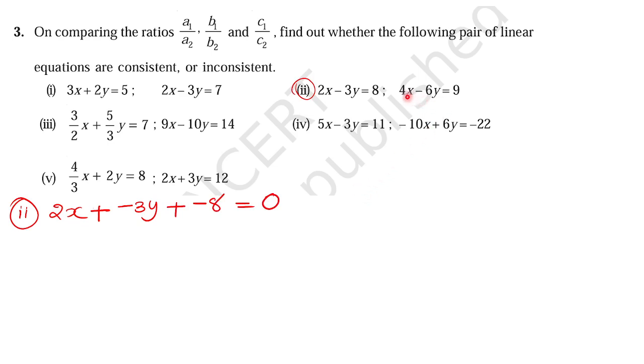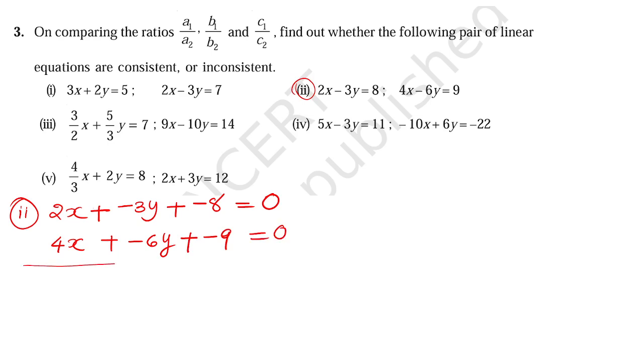The second one is 4x minus 6y, which is plus minus 6y. 9 taken to the left side, minus 9, plus minus 9 equal to 0.